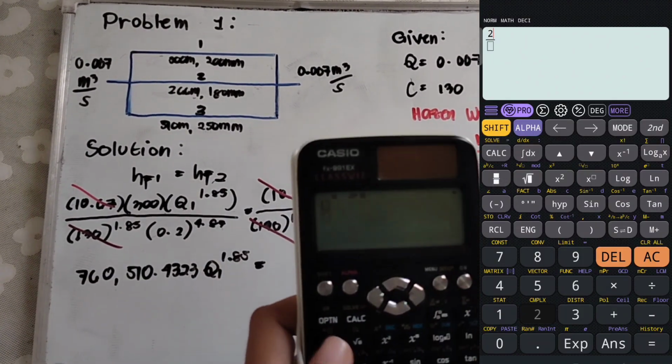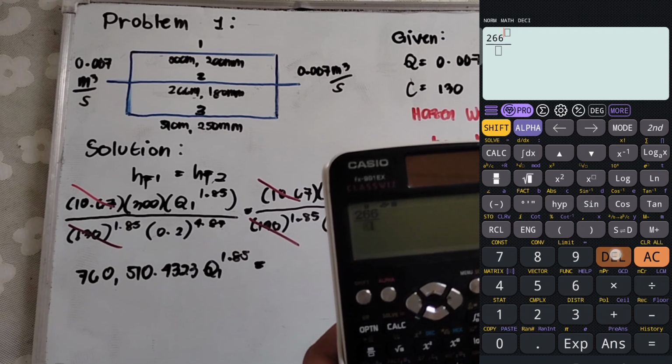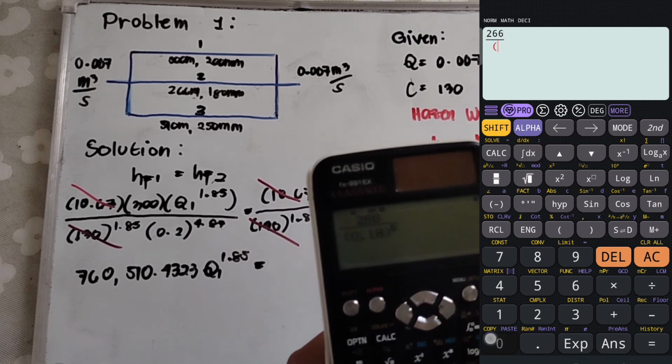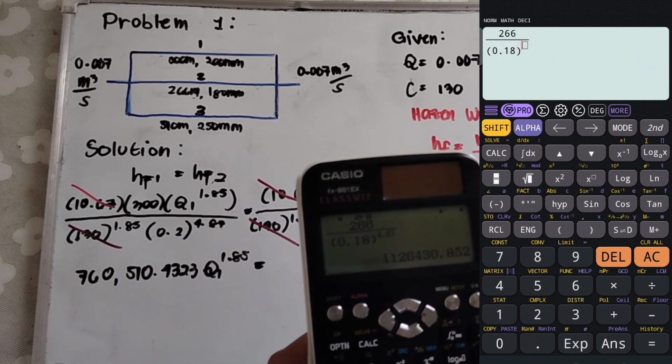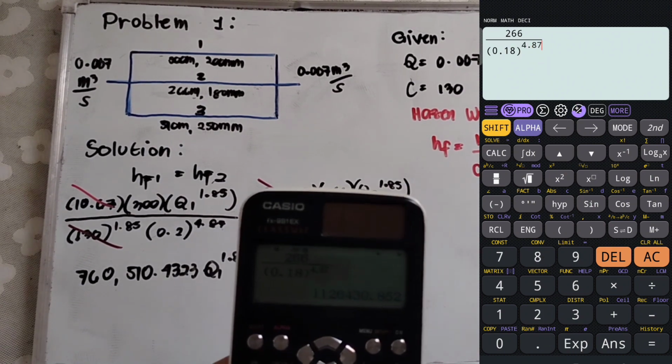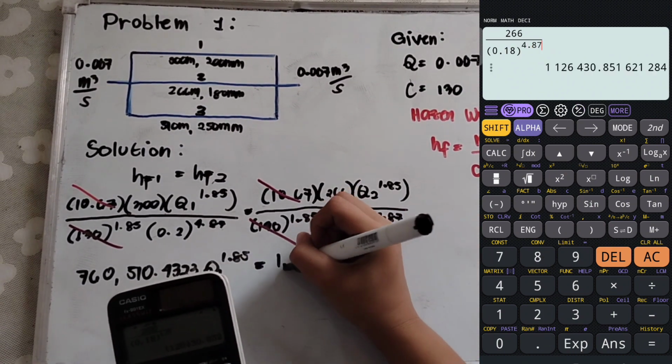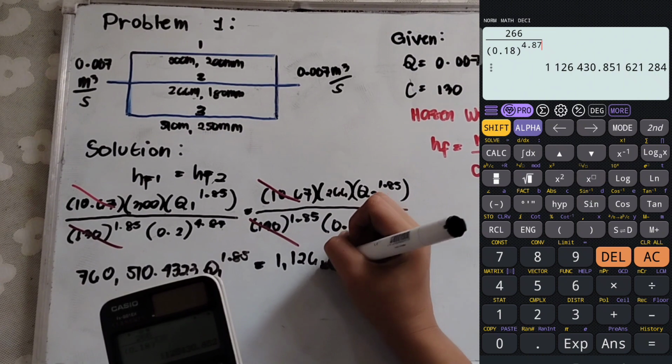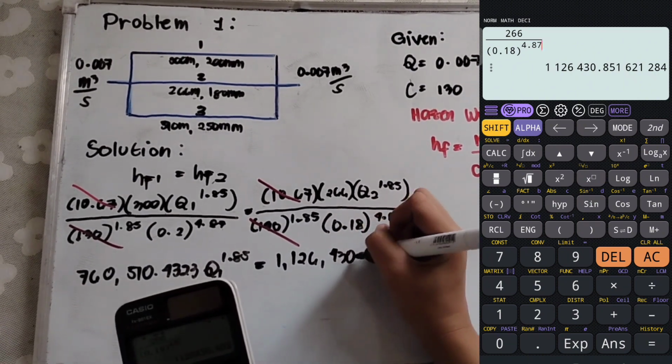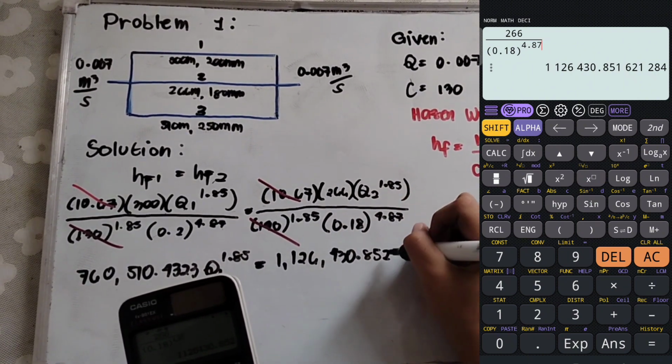We also have 266 over 0.18 raised to 4.87, and we have a value of 1,126,430.852 Q sub 2 raised to 1.85.